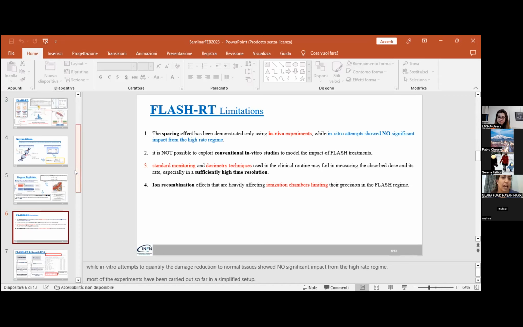Okay, can we use a different range of energy for electron and proton, and use it for flash radiotherapy? I don't know if I understand your question. Your question is why this energy is considered for the electron and proton? Yes. No, my question is, if it's possible, can we change this range of energy for this radiotherapy.